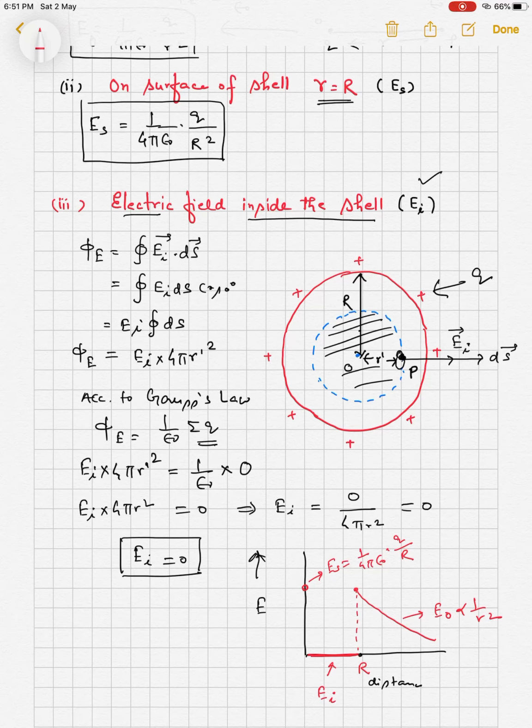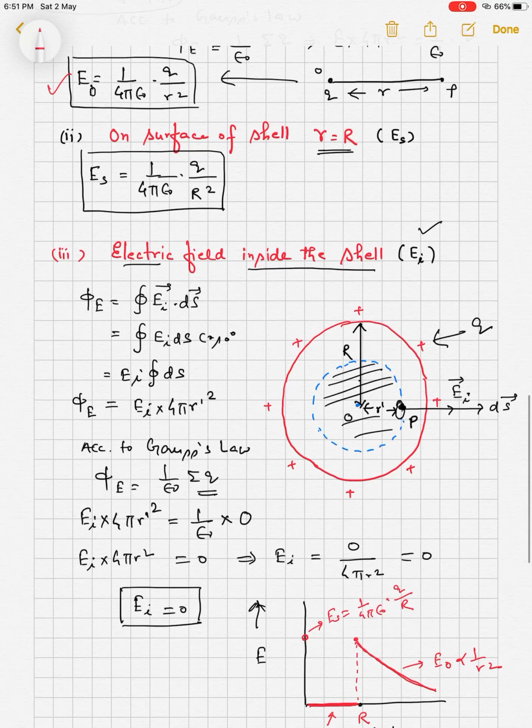So this is the graph of electric field with distance, where the distance is greater than R. So these were the topics that I discussed, which were based on application of Gauss's law.